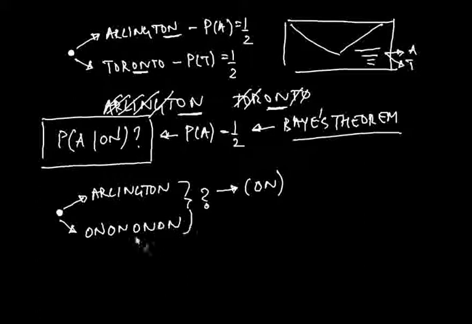If only two characters are going to survive, with which of these two words would those characters be ON? Well, Arlington has just one ON pair, but this other name has 4 ON pairs. And so my guess would be that it would be this name with which I'm more likely to see ON. So here's a make-believe example, but it tells us that the answer cannot be as simple as just half. So what we need to do is actually apply Bayes' theorem.